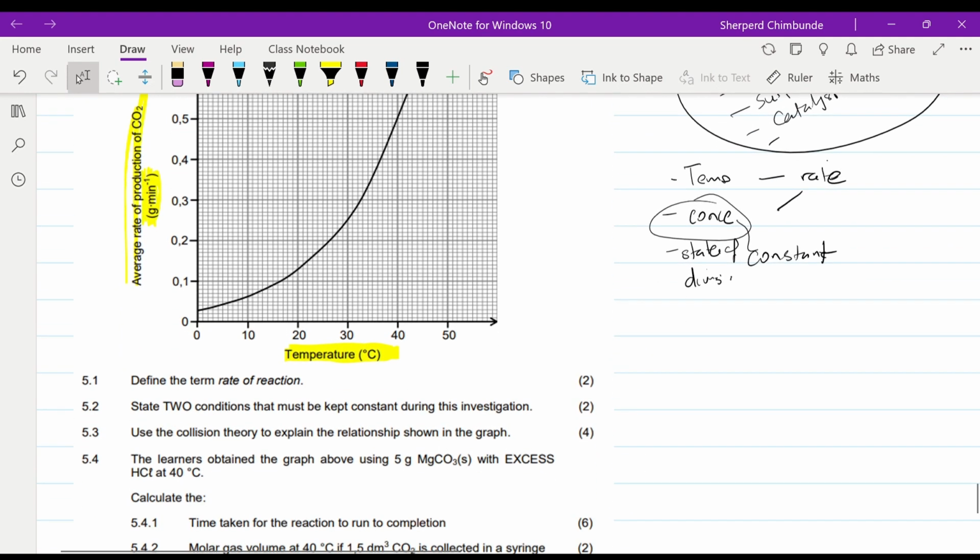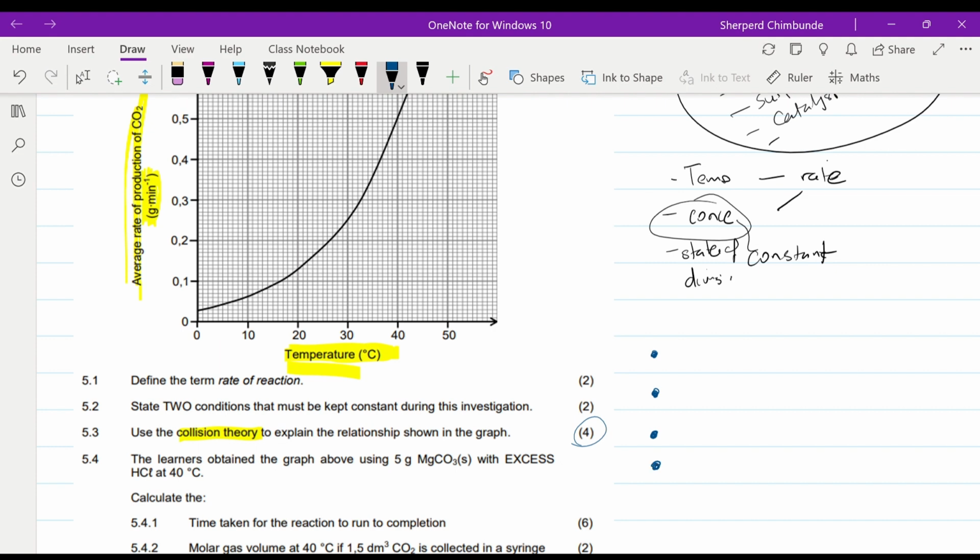Now they say use the collision theory to explain the relationship shown in this graph. So the relationship we are seeing here is that as temperature increases, the rate of reaction also increases. So if they put 4 marks, my advice is try to give them 4 bullets as your answers.